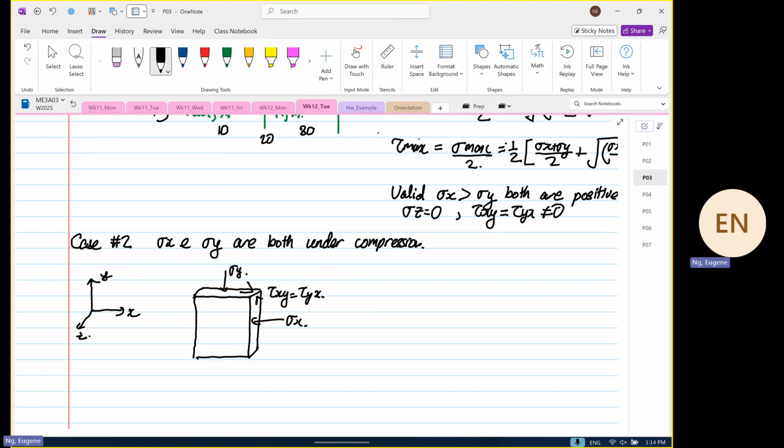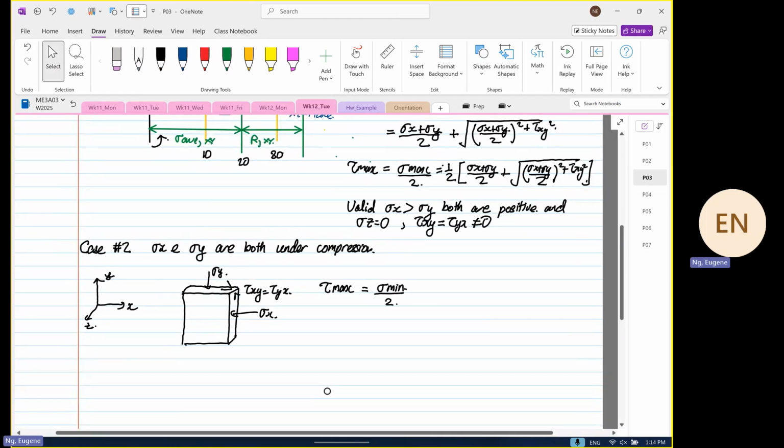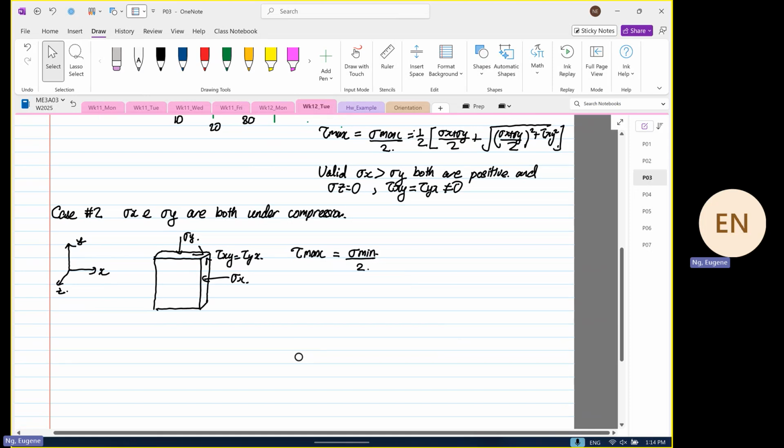So the formula changes because now it's in compression. Your maximum shear now is equal to the stress minimum divided by 2. Okay. So rather than maximum, now we use minimum. So I'm quickly going to sketch out the Mohr circle.